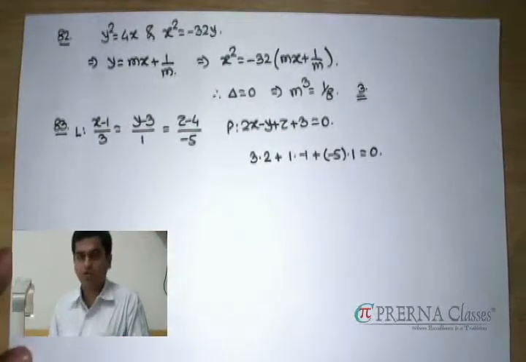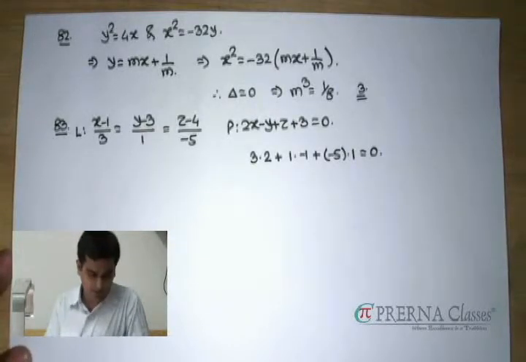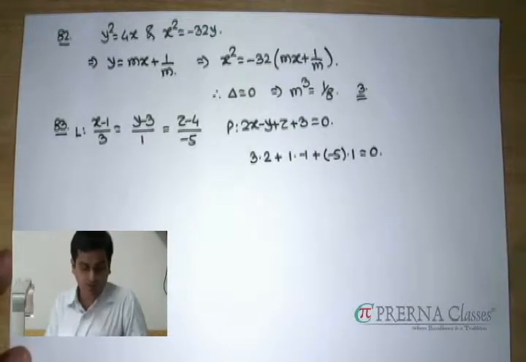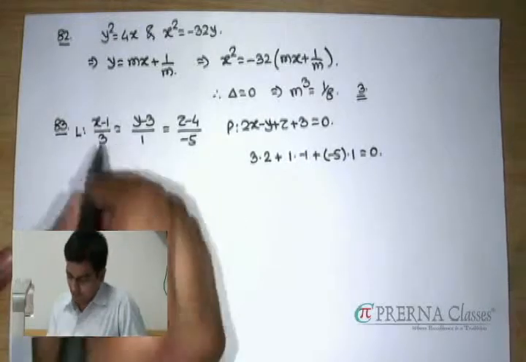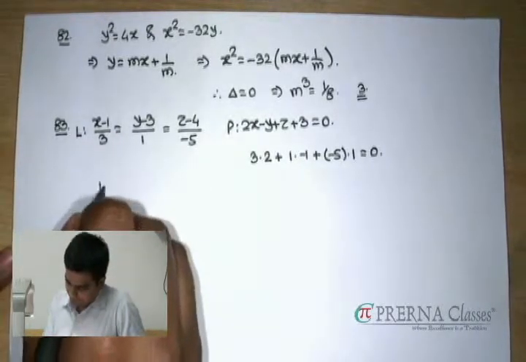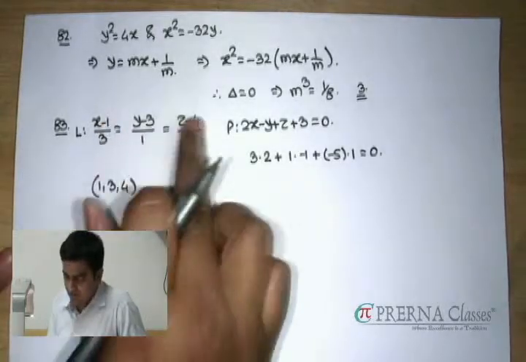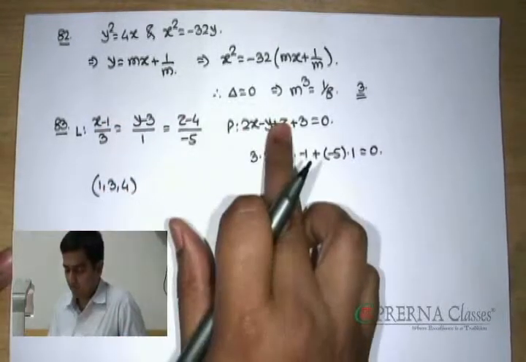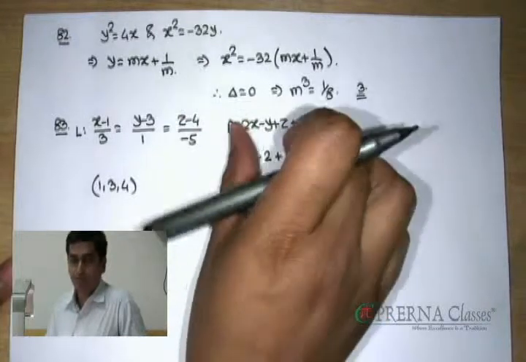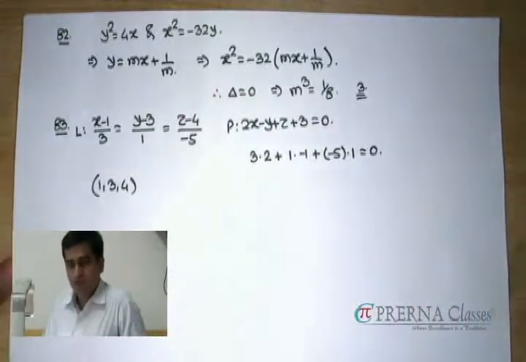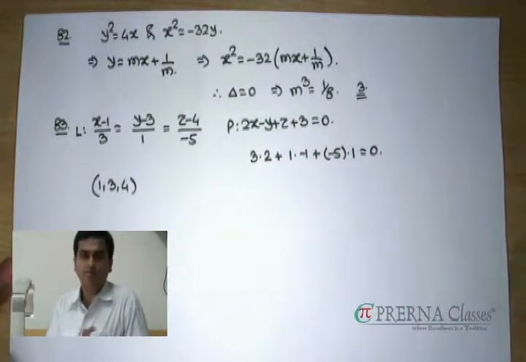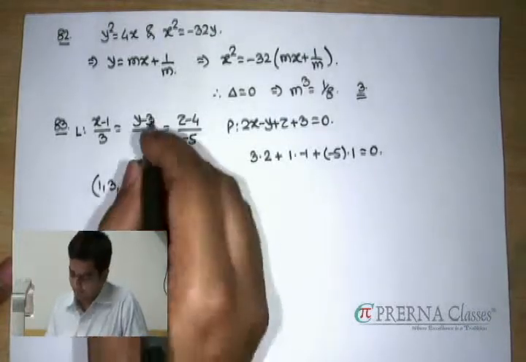Clearly then its image is also going to be parallel to that. That's why if you observe, everywhere in all the options we have 3, 1, minus 5 in the denominator. All I am doing is taking the image of 1, 3, 4 which is present on this line with respect to this plane. Whatever image I end up getting, that image should satisfy the correct line.